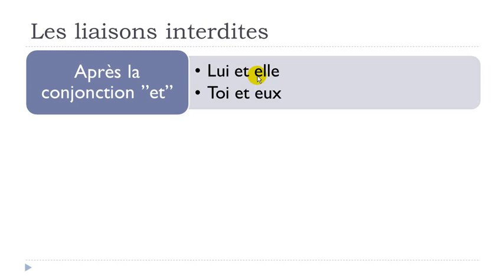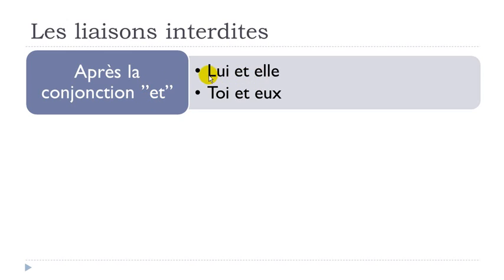It would be quite logical. After all, we tend to put it a little bit everywhere. But in that case, the rule is really strict. After this conjonction et, you don't make any liaison. So no links after et.